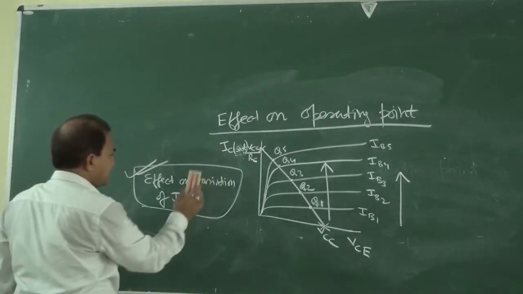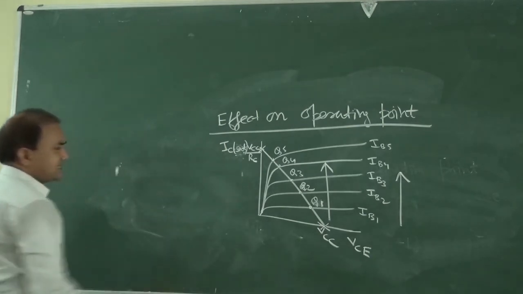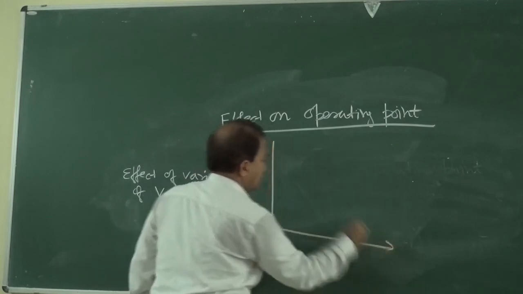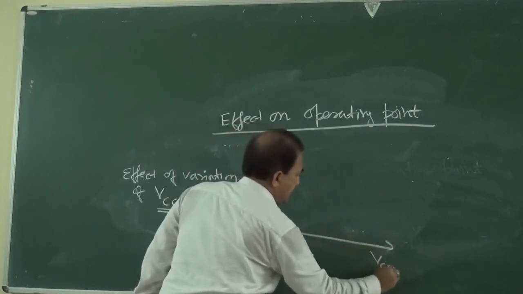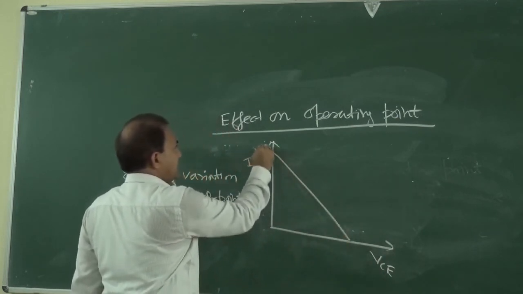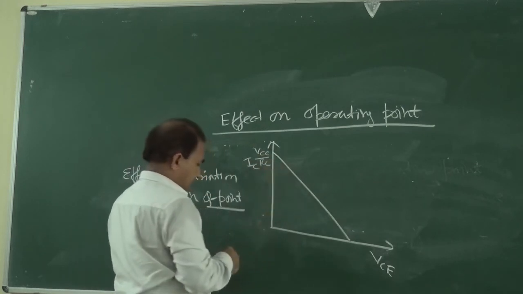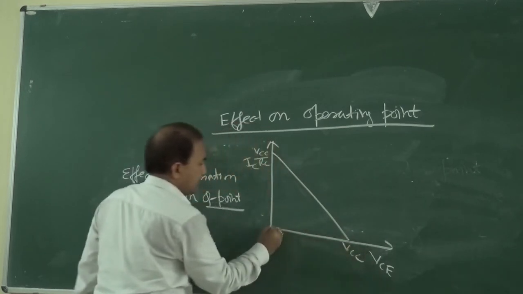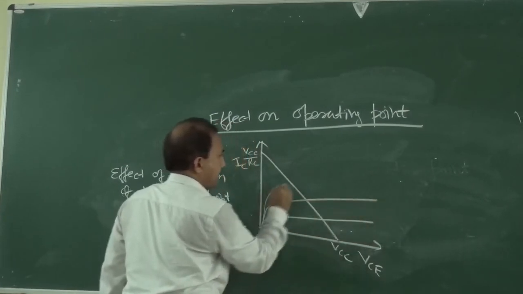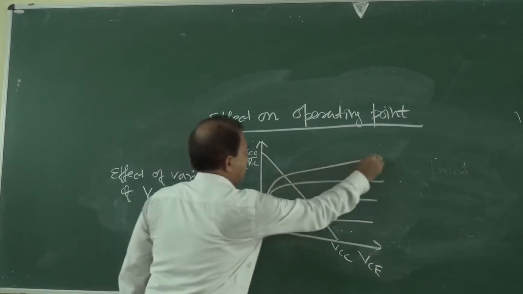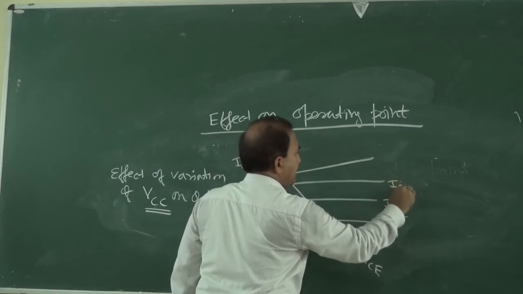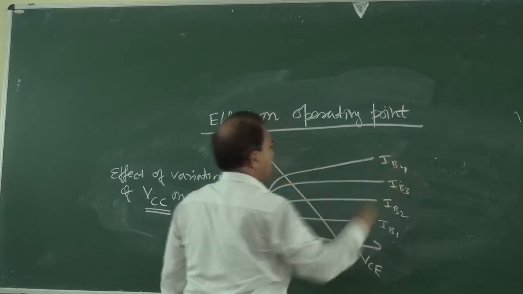Then we will study the effect of variation of VCC. Again this is VCE versus IC, and this is the load line, with VCC by RC on one axis and the VCC point on the other. Suppose this is IB1, IB2, IB3 and IB4.